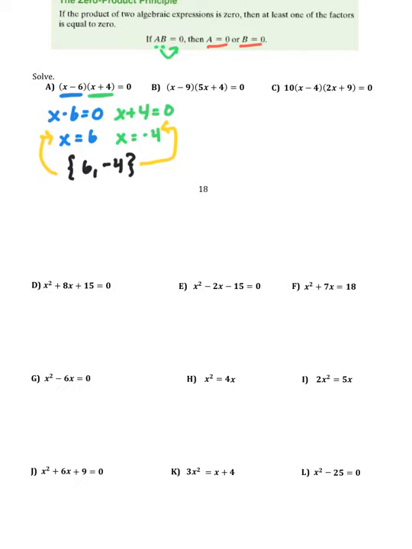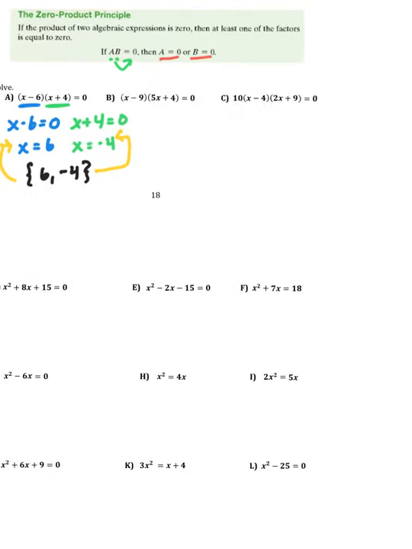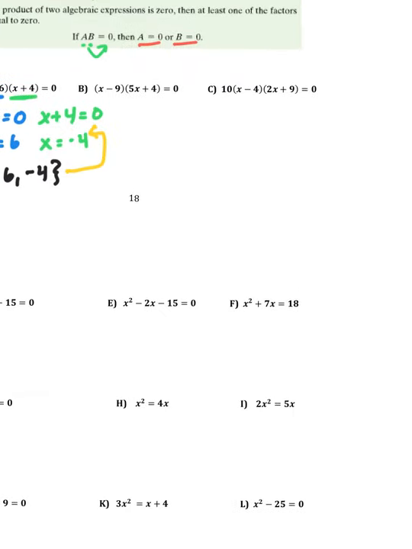All right, let's take another look at a problem that is similar. If you go to letter C, something times something times something is 0. Now, one of those somethings is definitely 10. So it doesn't make sense to say 10 equals 0. We know 10 doesn't equal 0.